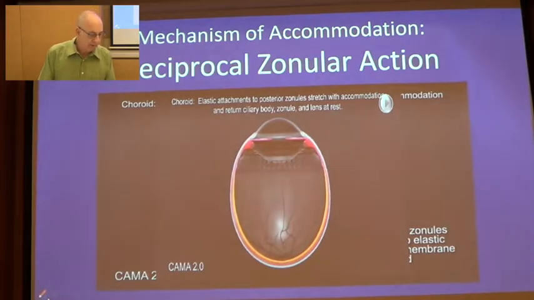At the same time, the elastic foundation in the choroid stretches. When the ciliary muscle relaxes, the elastic tension in the choroid pulls the ciliary muscle posteriorly, resulting in tension on anterior zonules to flatten the lens and disaccommodation.